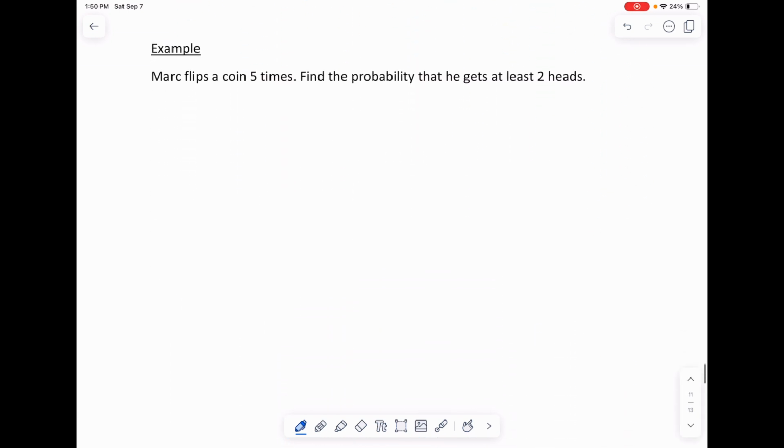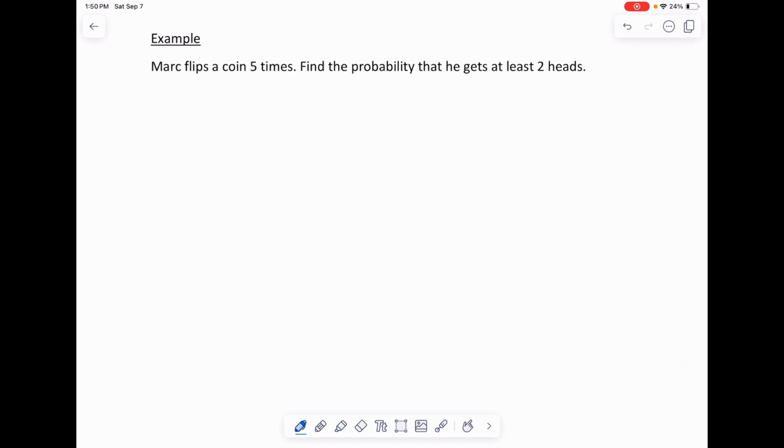Okay. So let's finish up our probability with this, and then we still do have some counting principles to look at. So it says Mark flips a coin 5 times. Find the probability that he gets at least two heads. Okay, so our event is at least two heads, and this is what I was talking about earlier with the complement.